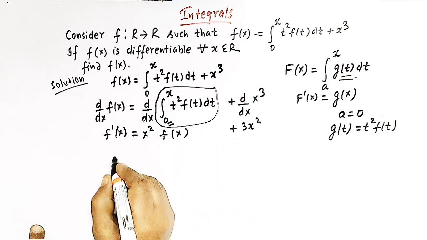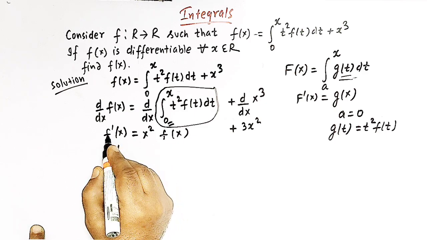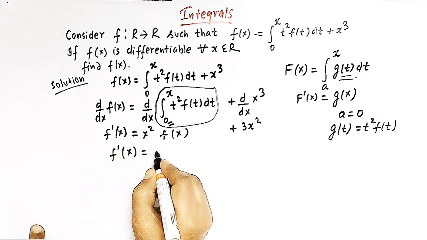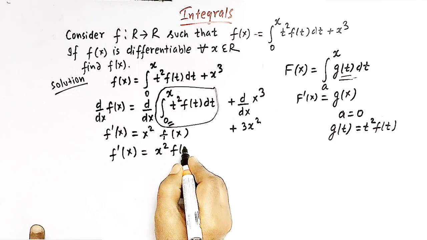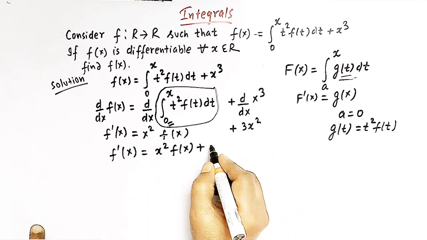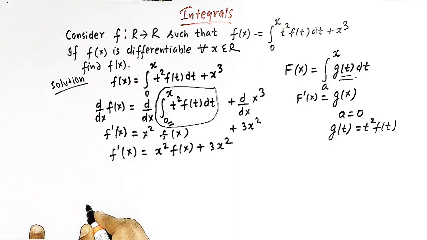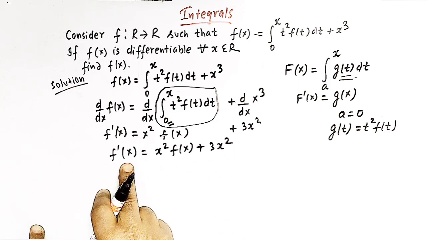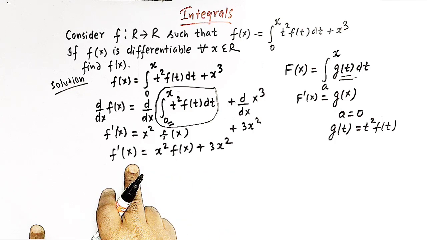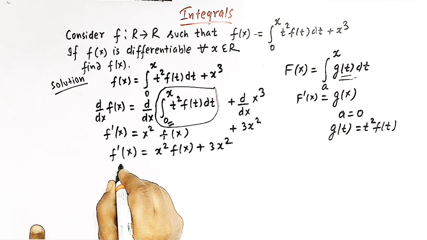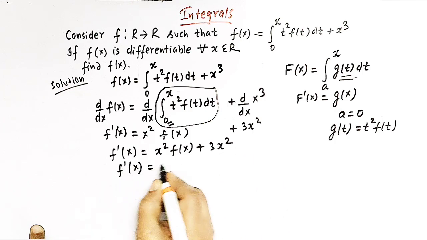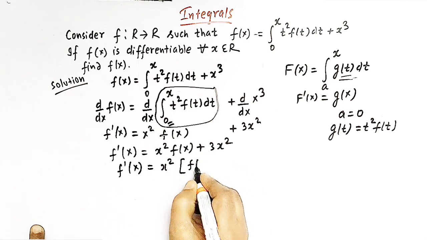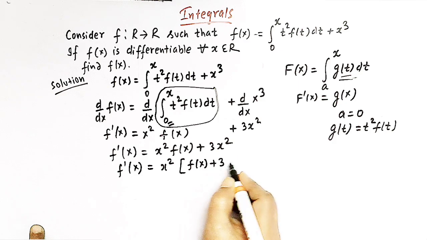So now we have the expression f prime of x equal to x squared f(x) plus 3x squared. Now we have a differential equation, and we have to solve it. We take x squared common, so f prime of x is x squared times (f(x) plus 3).